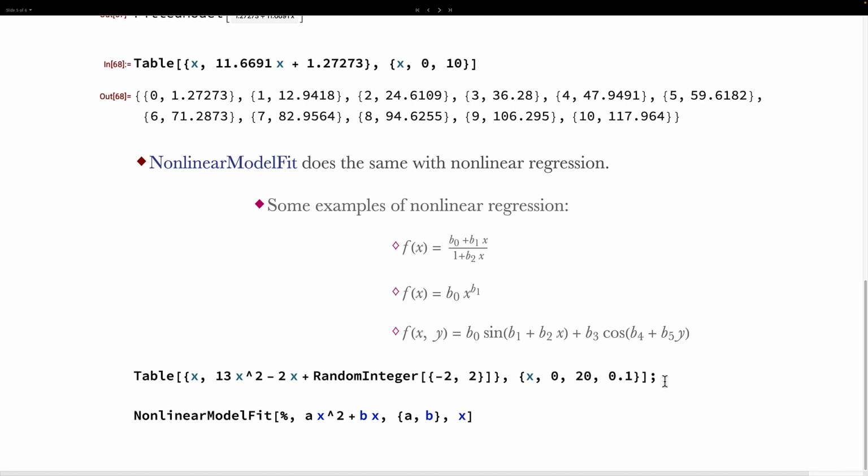Now to demonstrate how this works, we can take a table of x comma 13x squared minus 2x plus a random integer from -2 to 2, and then take the nonlinear model fit of that sequence, give it the general form for our nonlinear function, and then a comma b comma x.